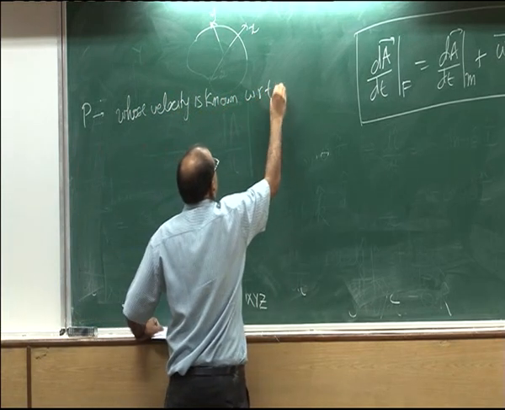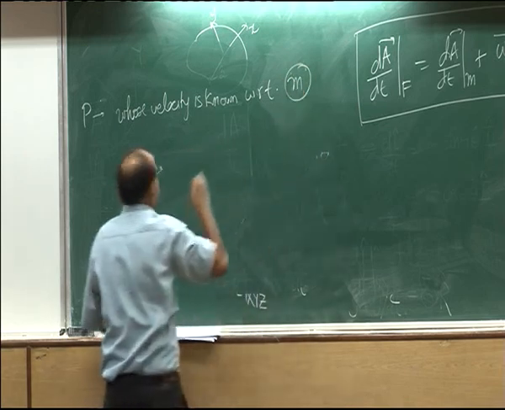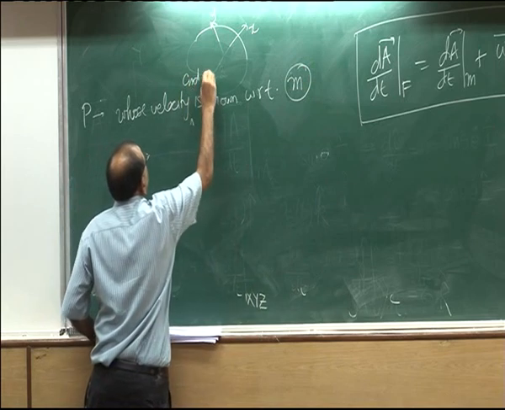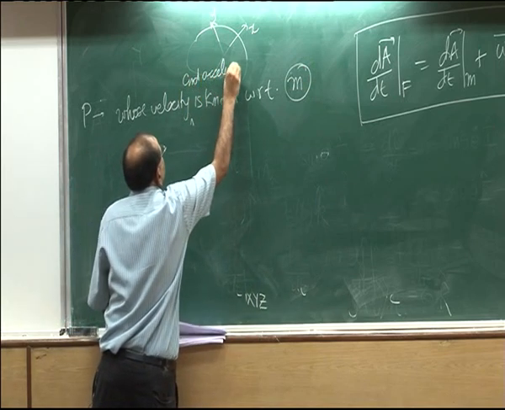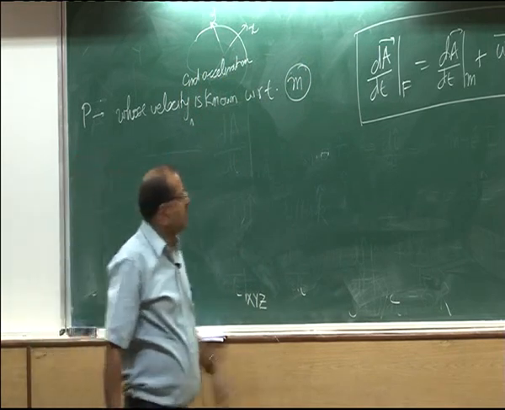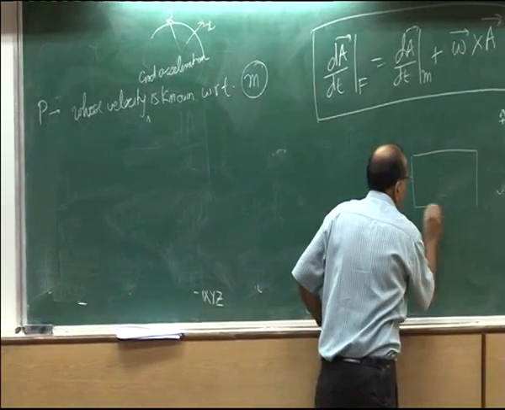with respect to frame M, whose velocity and acceleration is known with respect to frame M. So this could be, for example, let's say I have a plate.